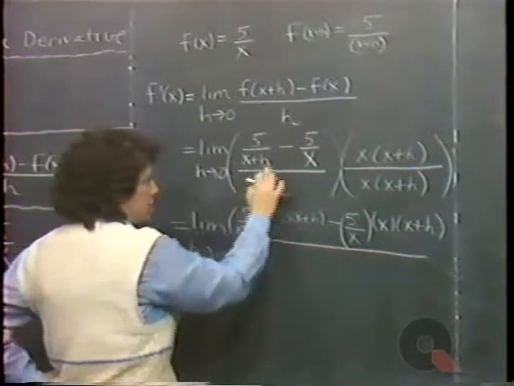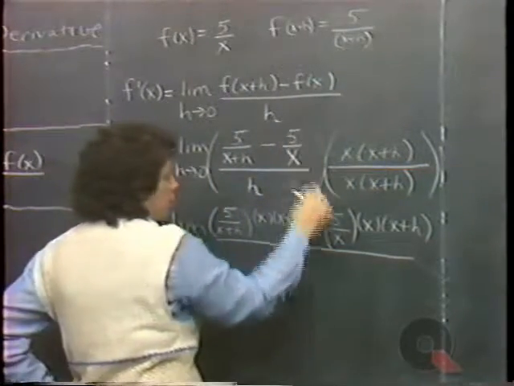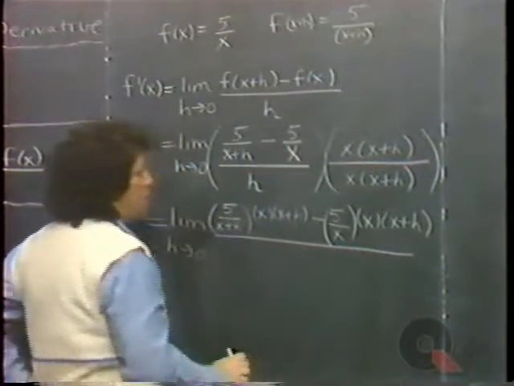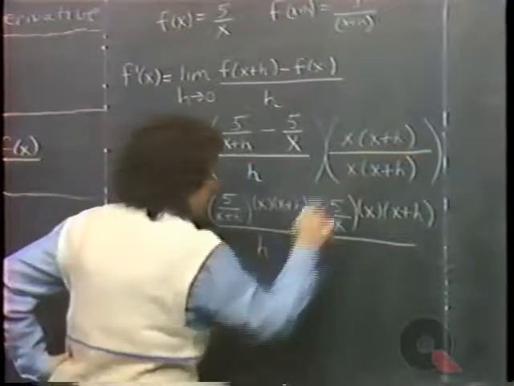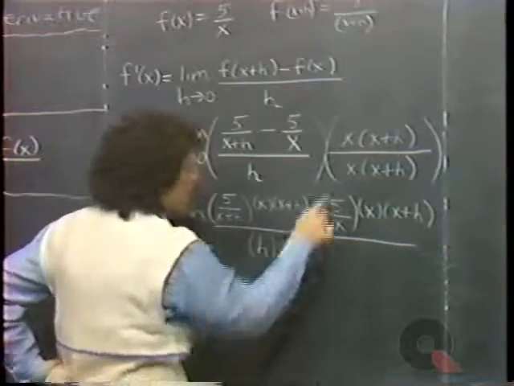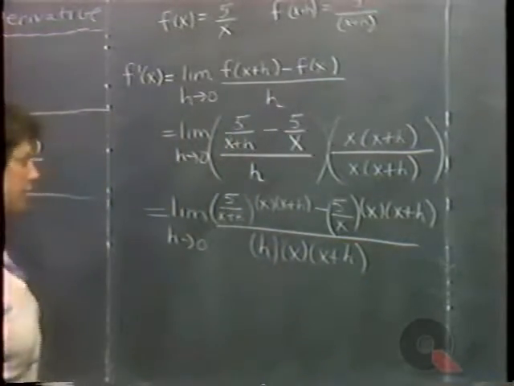That is 5 over x plus h times the product of the denominators, minus 5 over x times the product of the denominators. Now, in the denominator, we have h times x plus h.